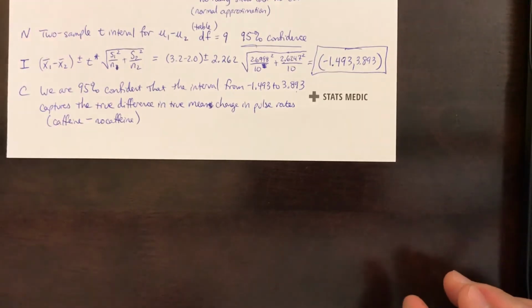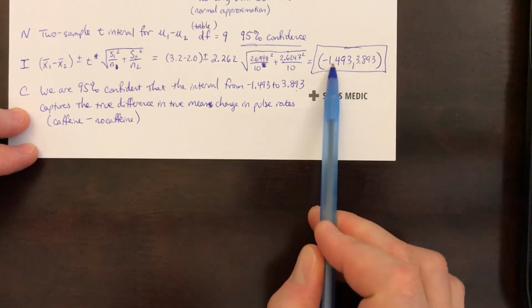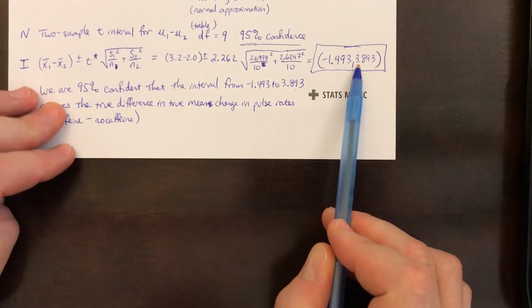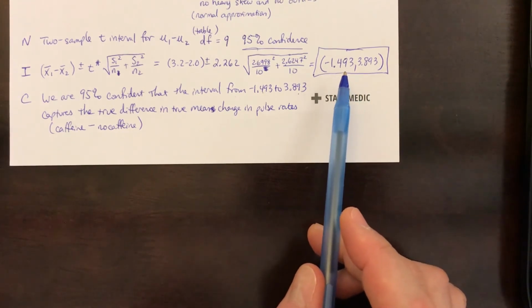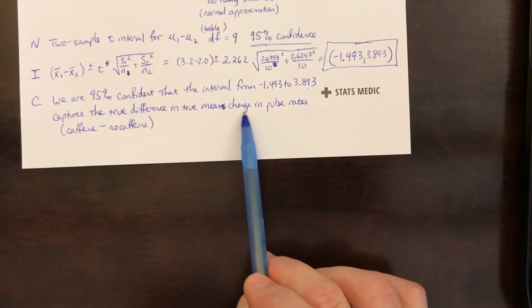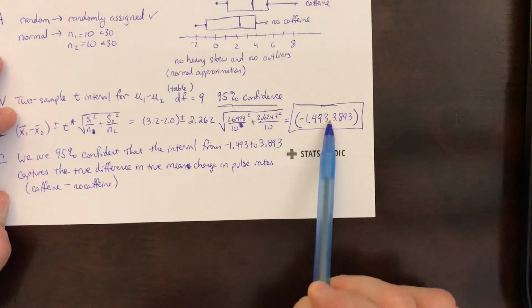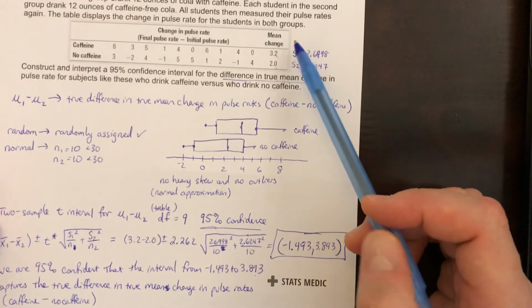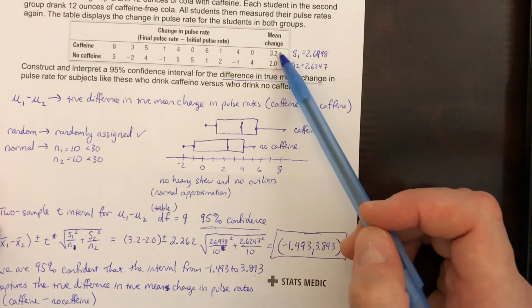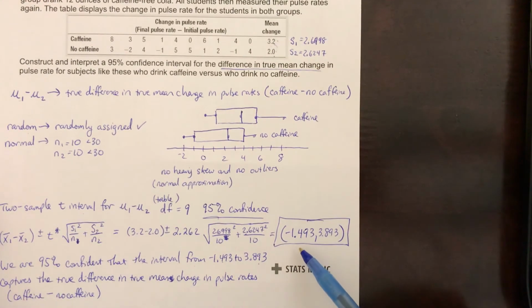And the very last thing here, notice that our interval goes from negative numbers to positive numbers. So is there convincing evidence that there is a true difference in the mean change in pulse rates? Well, since 0 is part of this interval, we'd have to say we don't have convincing evidence of a true difference in means whether they're taking caffeine or not, because 0 is a plausible value.